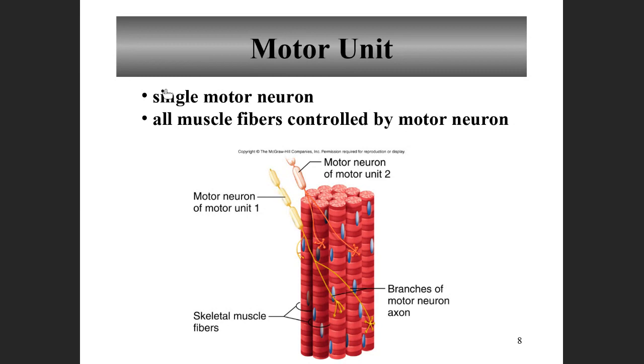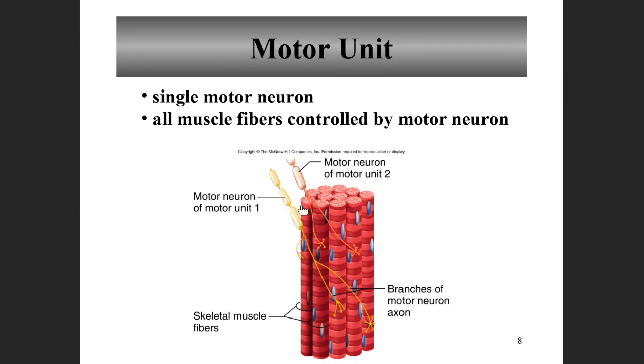So a motor unit is a single motor neuron and all the fibers controlled by that motor neuron. If you say motor unit number 1, for example, it has the axon terminal split or collateral to innervate 1, 2, 3 muscle fibers, right? Whereas motor unit 2 innervates these two, hypothetically, okay?